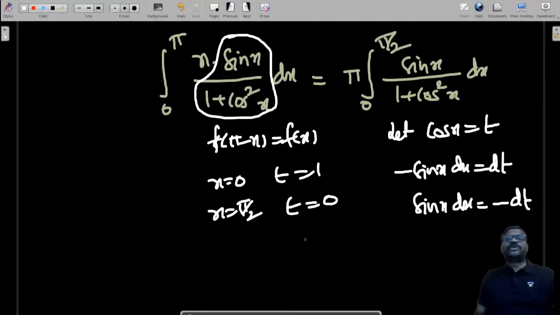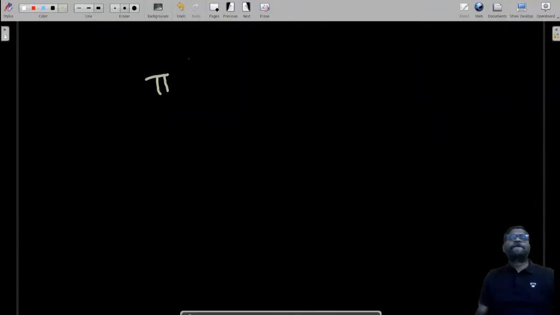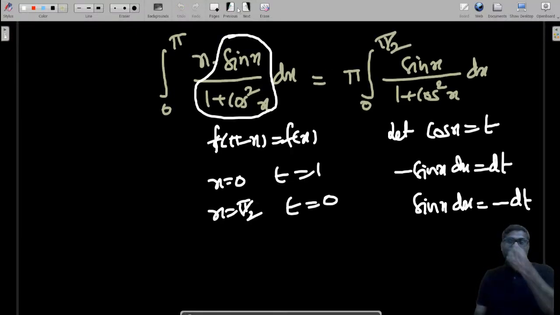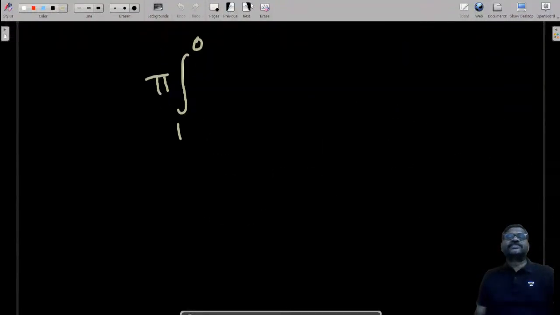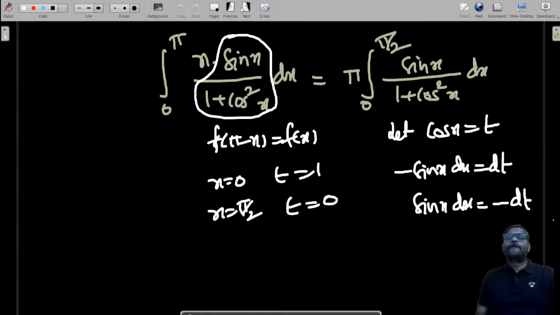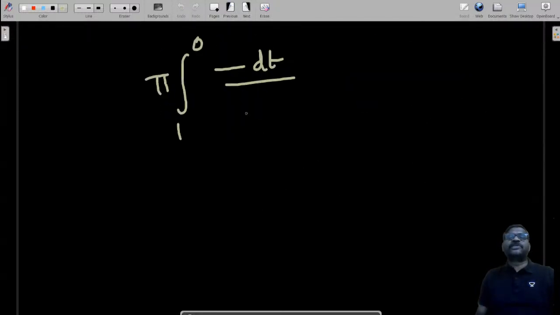When x is pi by 2, t is 0. Integral 1 to 0, sin x dx is minus dt. 1 plus cos square x is 1 plus t square.